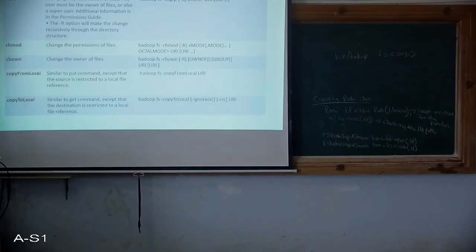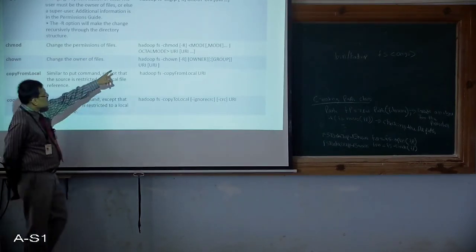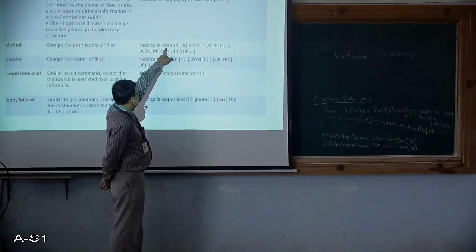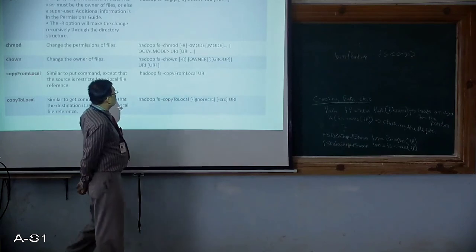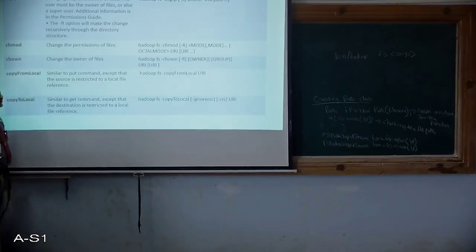The next command is chmod, change mode, which is used for changing the permission of files. The command syntax is hadoop fs -chmod -R followed by the modes you want to change.